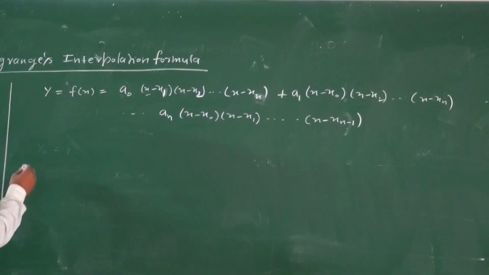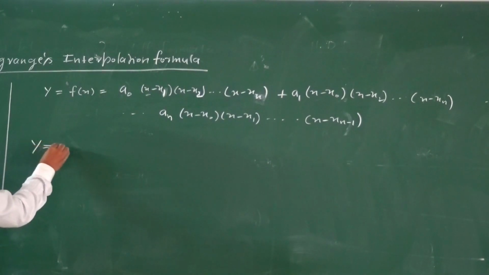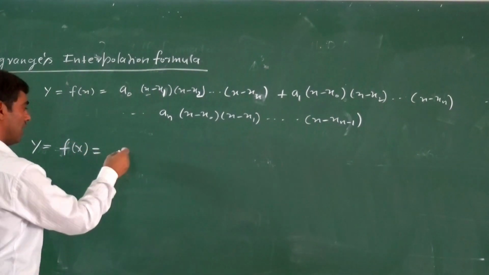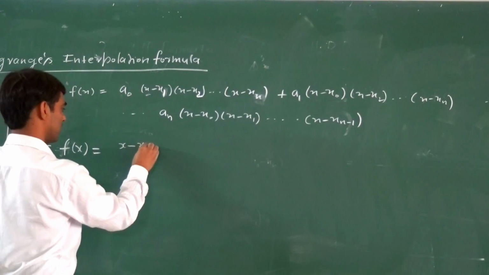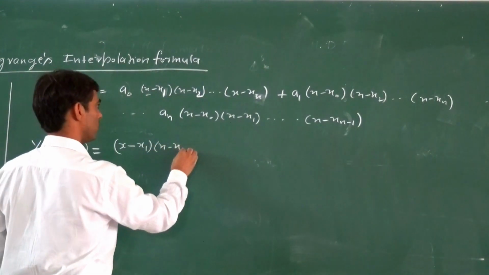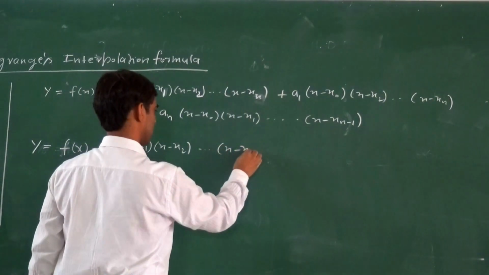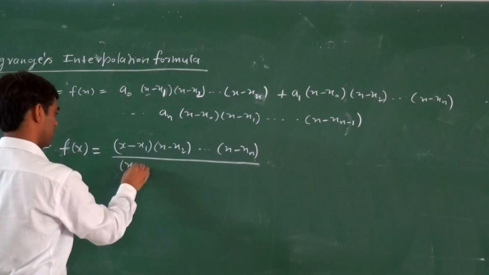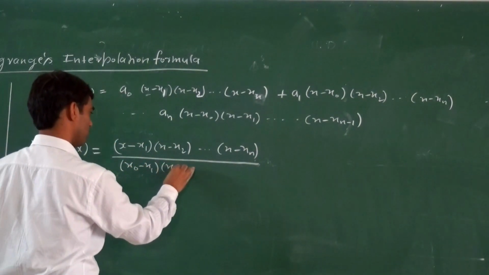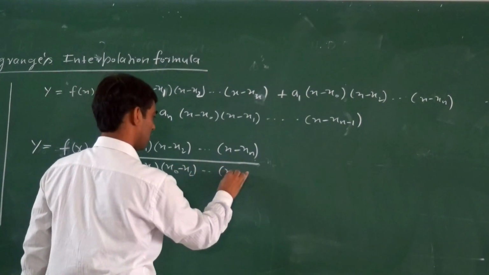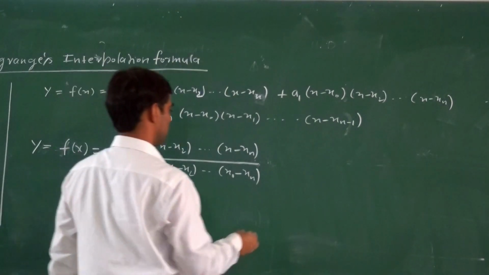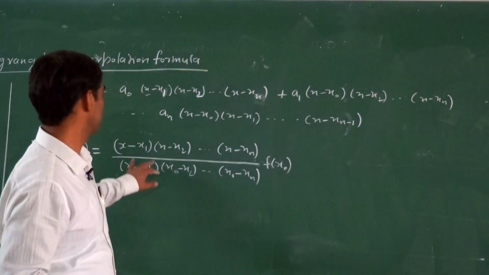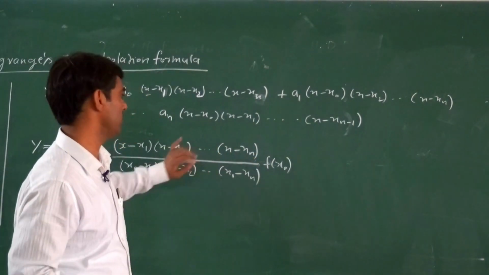Y equals f(x) equals (x − x1)(x − x2) up to (x − xn) divided by (x0 − x1)(x0 − x2) up to (x0 − xn), times y0, which is f of x0. This is the value of a0 here.